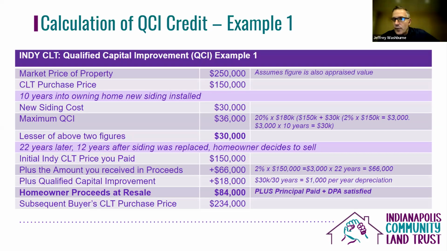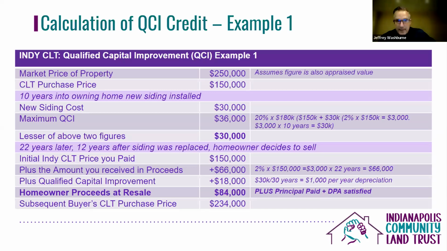We purchased it for a land trust price of $150,000, but 10 years into ownership, we decide that we want new siding on the property. The cost of that siding is $30,000. But there's going to be a maximum that the Indy CLT is going to recognize, and that maximum is 20% of the future value.